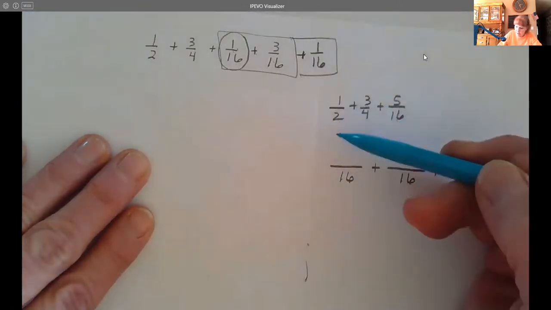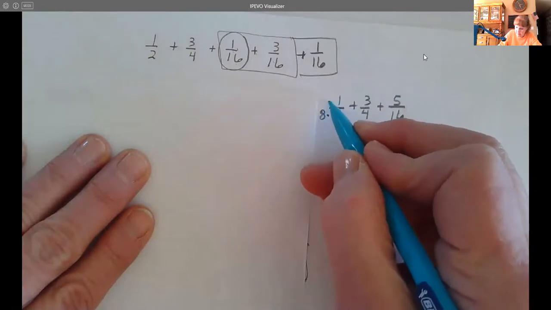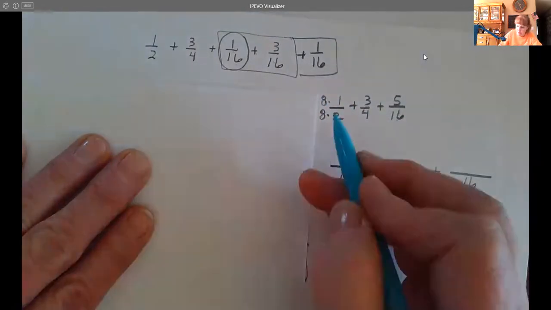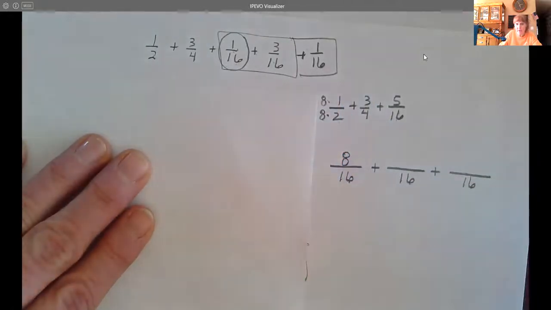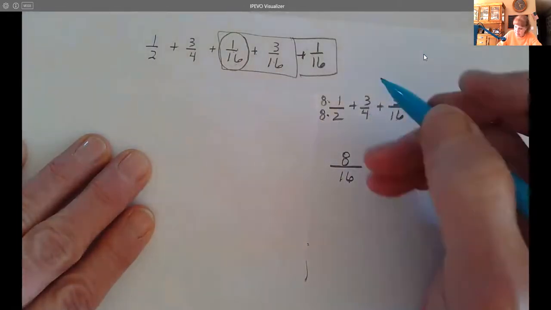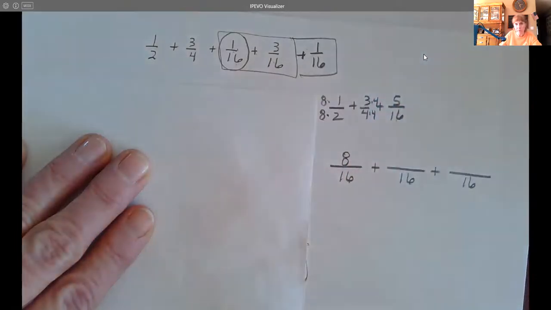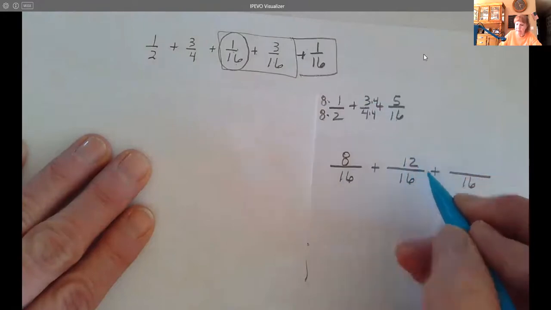To go from 2 to 16, I'm going to multiply by 8 over 8. Okay, that'll give me the 16 and the 8. This is a good review. To go from 4 to 16, I'm going to multiply by 4 over 4. That gives me 12/16.